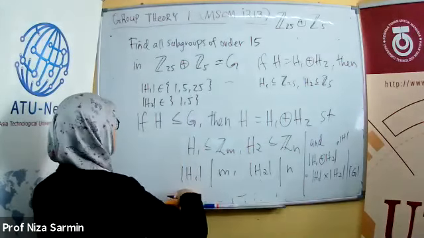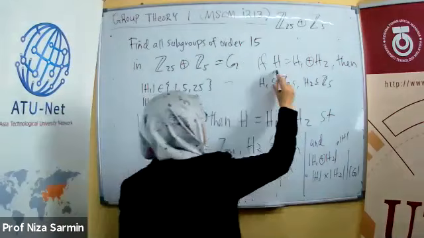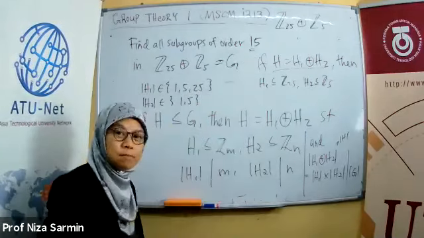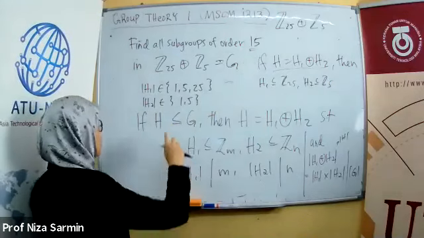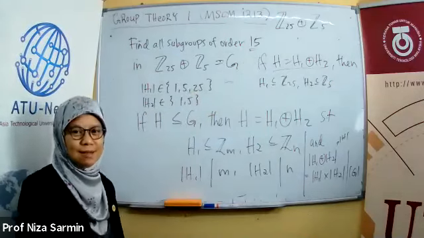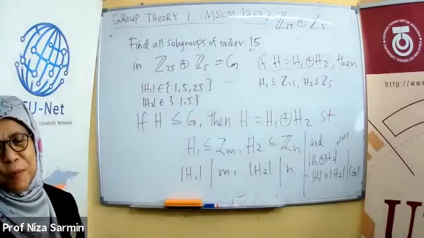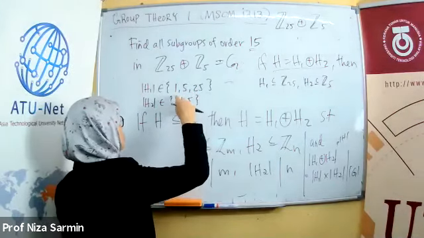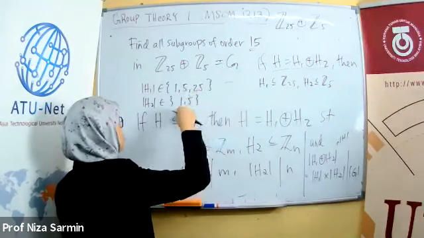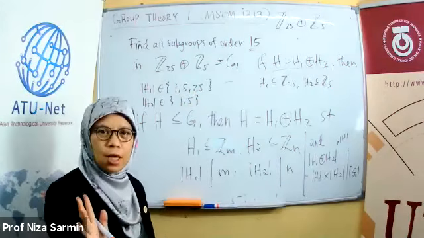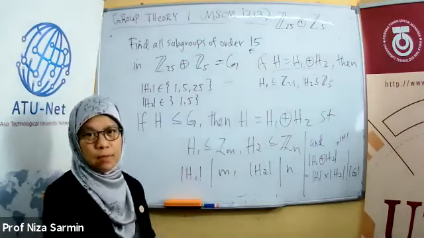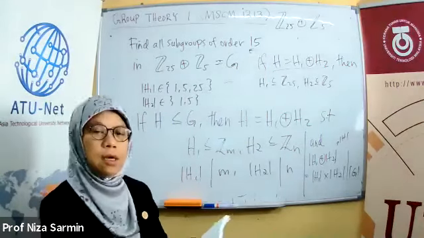Can you multiply to get a subgroup of order 15? Is there a way to multiply to get 15? Impossible, right? 1 times 1 is 1, 5, 5, 25, 25, 125. So there is no subgroup of order 15. That is what is given in the example.